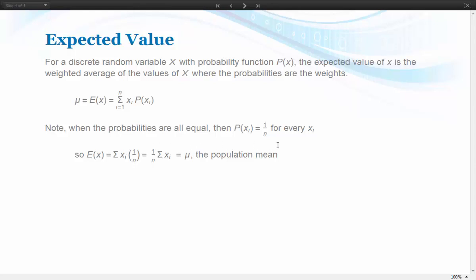That's my usual definition for the population mean. So the population mean is always an expected value. It's just when we don't have probability assignments, when we assume they're all equal, we get the usual one. But when the values occur with different probabilities, then we average this way, a weighted average where the weights are the probabilities.